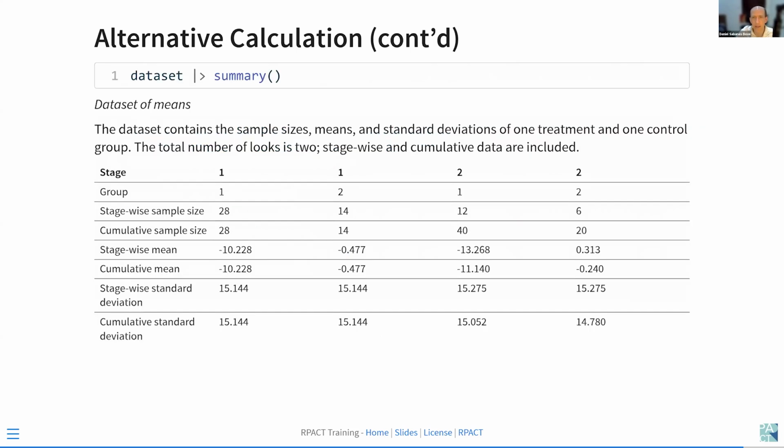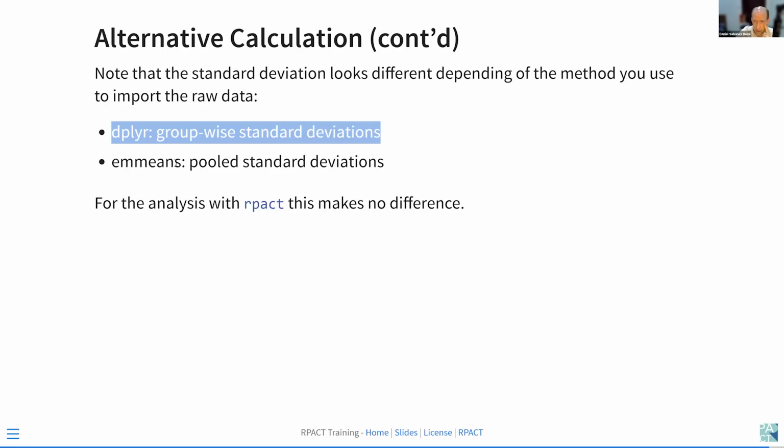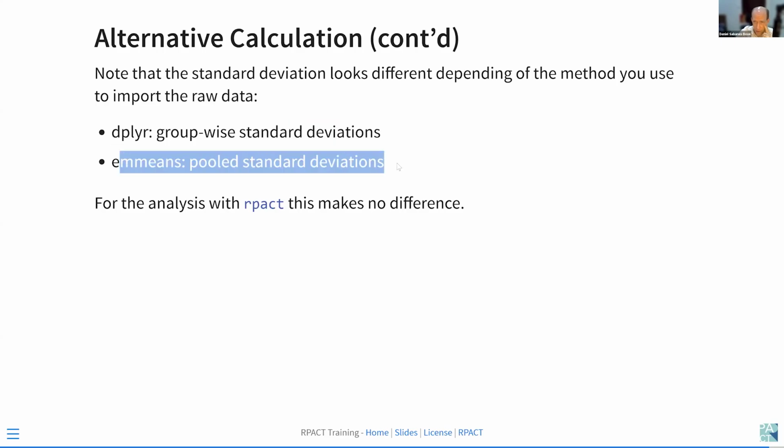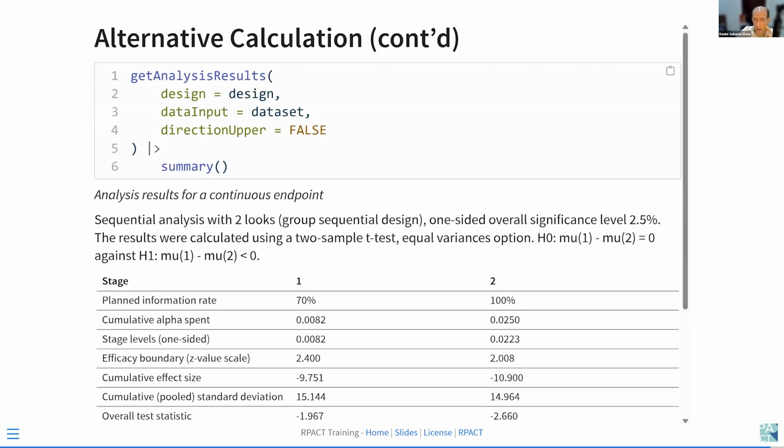I will not go into the details here, but this all works nicely together. Just a quick note that standard deviation could look slightly different depending on the method you use. For example, for dplyr we have group-wise standard deviations, whereas for emmeans we would have a pooled standard deviation. But in this case, it wouldn't make a difference for use of rpact.